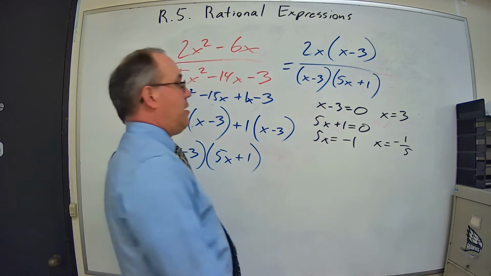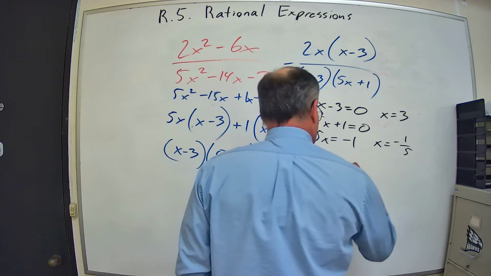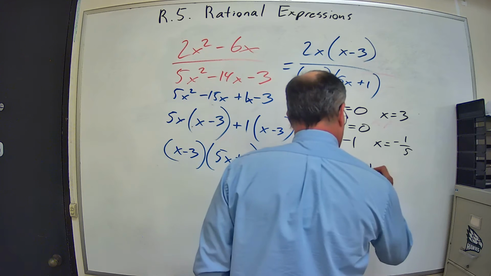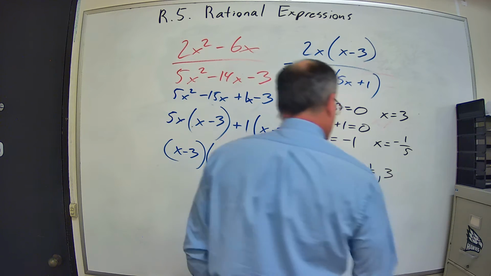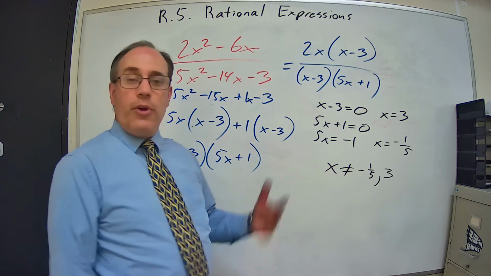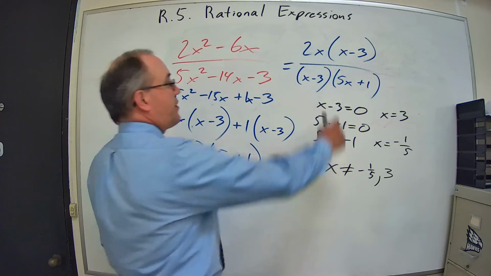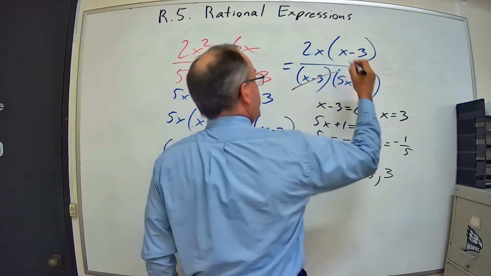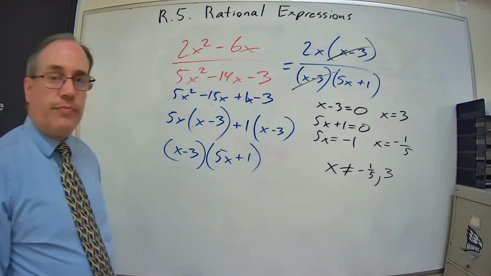So our domain will be x not equal to negative 1/5, 3. So we can't allow either one of those to be in there. And now we can simplify and go, well, I've got an x minus 3 and an x minus 3. We get rid of those.